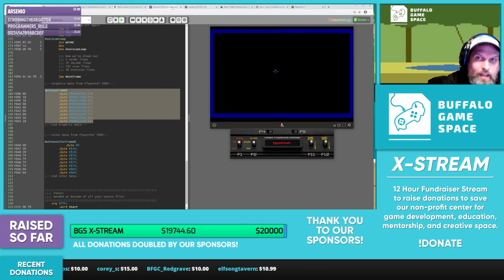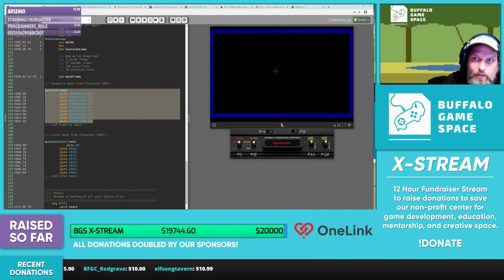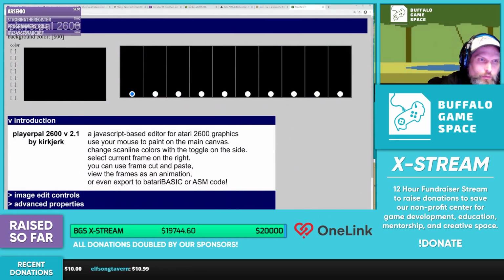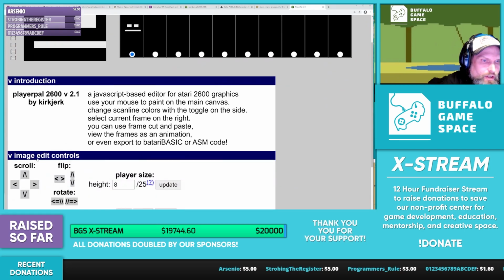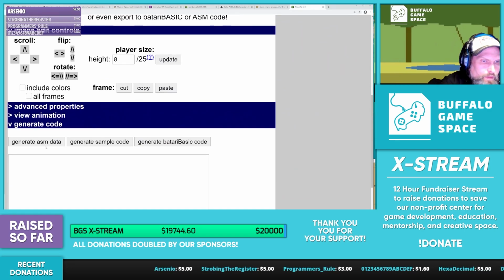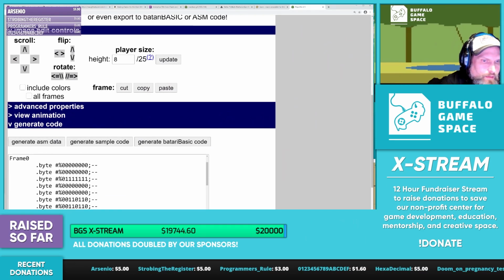Now this is a case where you don't have to do it by hand, because there are some tools online like this one where, if you want to make a sprite, let's make a terrible smiley face. We can do something like that. And then this will actually generate the data you need.